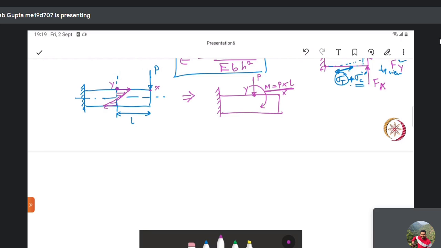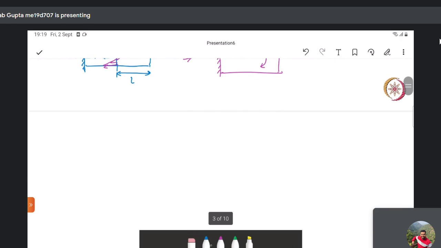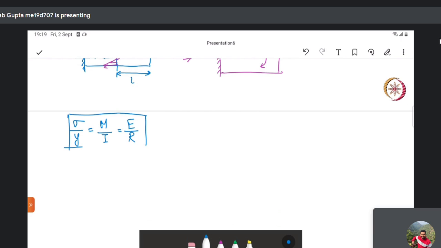Now, if you try to calculate the stress, we have this bending expression, sigma by y is equal to M by I is equal to E by R. So we will be using this part.